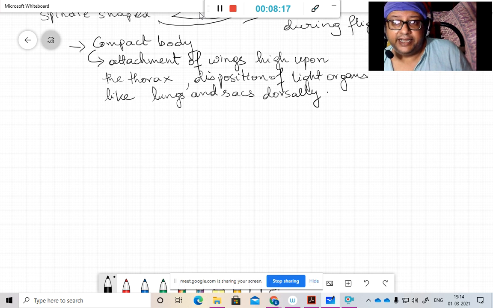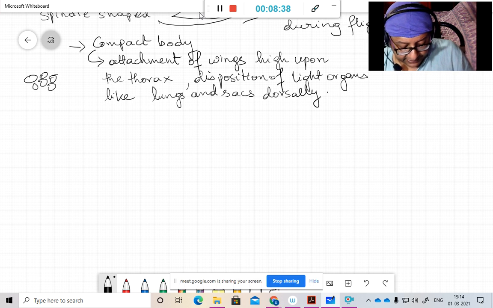So lungs and air sacs, they are on the back side, that is on the upper side, dorsal, पीठ के side. And so basically the body is compact. All organs are fitted snugly and light. So this is the second thing.